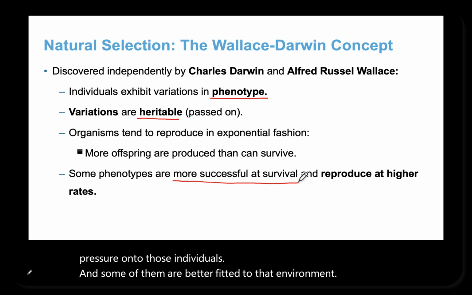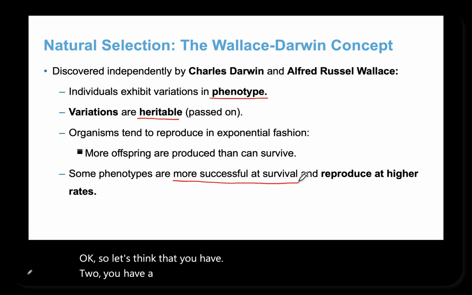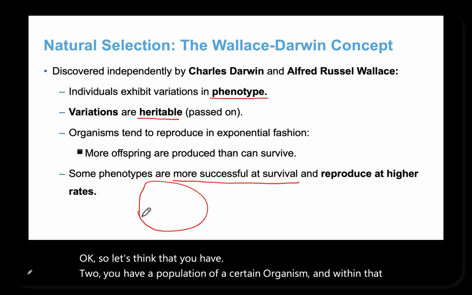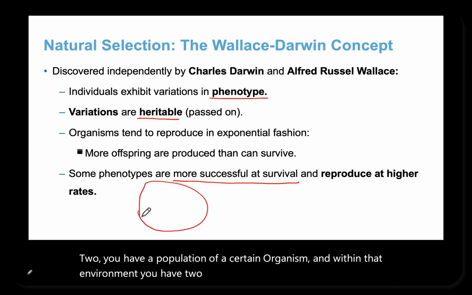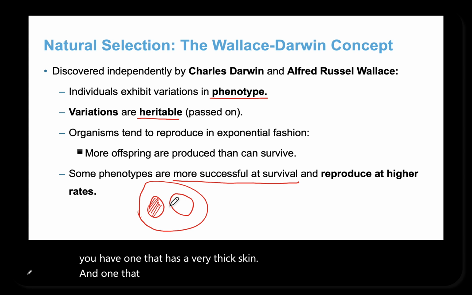Okay? So let's think that you have a population of a certain organism. And within that environment, you have two types of individuals in that population. You have one that has a very thick skin and one that has a thinner skin.